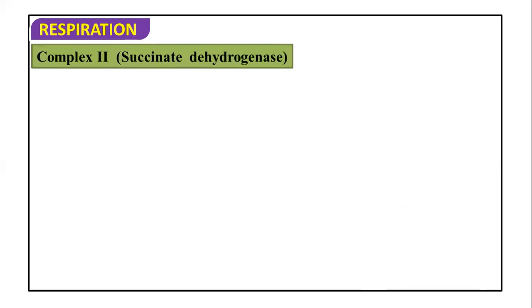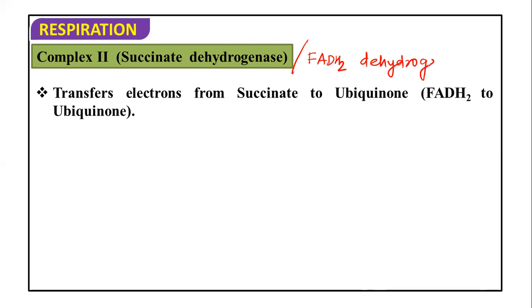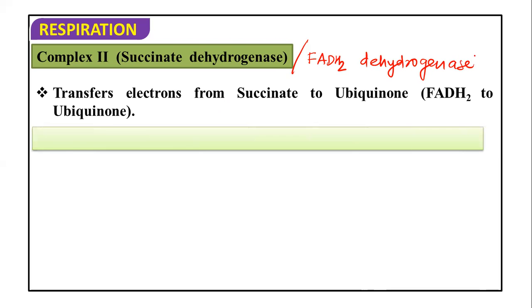Then complex 2 is there, which is known as the succinate dehydrogenase complex. It transfers electrons from succinate to ubiquinone, or from FADH to ubiquinone. It is also known as the FADH2 dehydrogenase complex. And there is no inhibitor of complex 2.